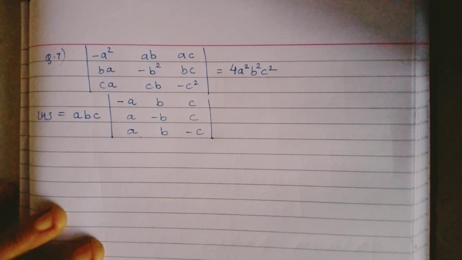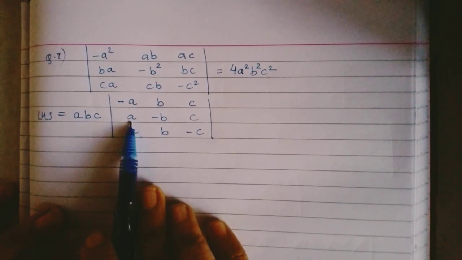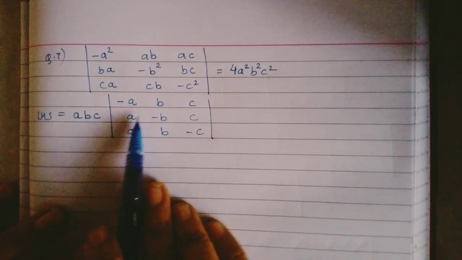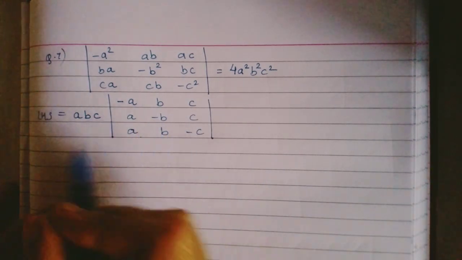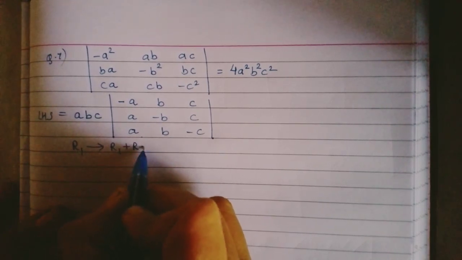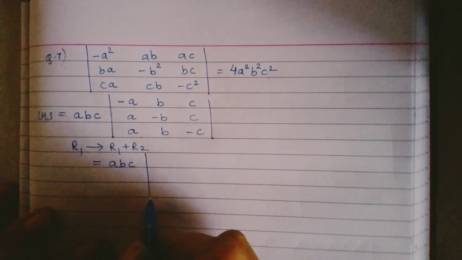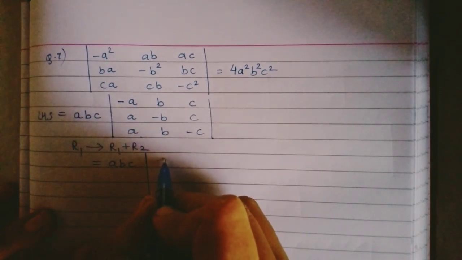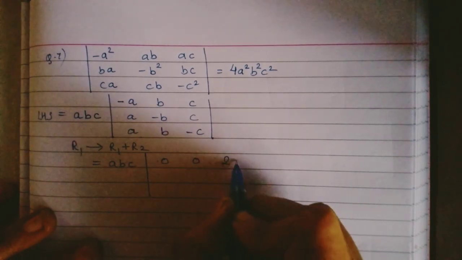So I can do one thing here: if I add these 2, that is minus A plus A, then B minus B, it will be 0, right? So I am changing R1 to R1 plus R2. Adding R1 plus R2, I'll get minus A plus A 0, B minus B 0, C plus C 2C.